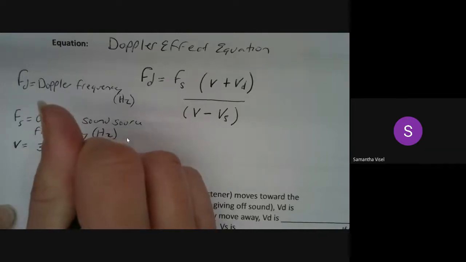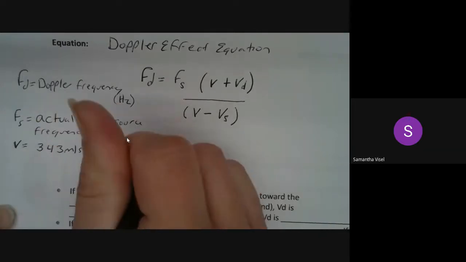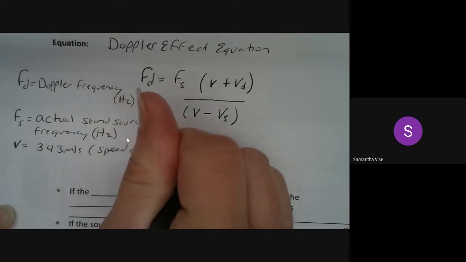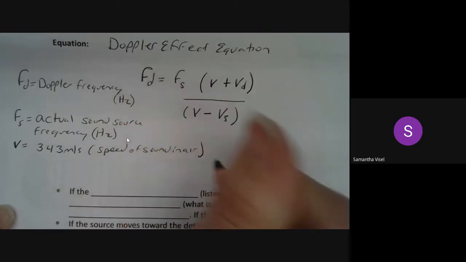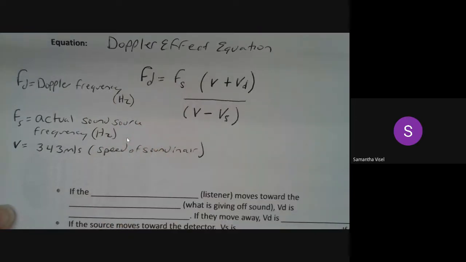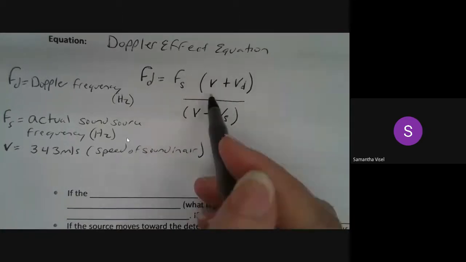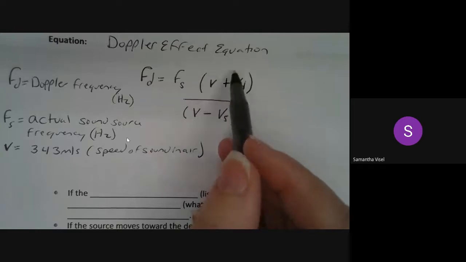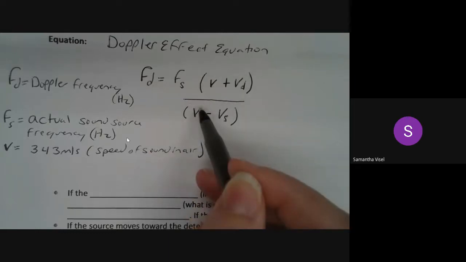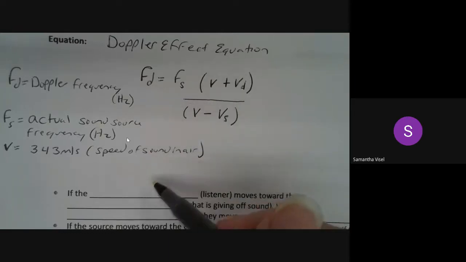And this is the speed of sound in air. So it's a constant. So we always have 343 meters per second on top, always 343 meters per second on the bottom. So it is a constant.